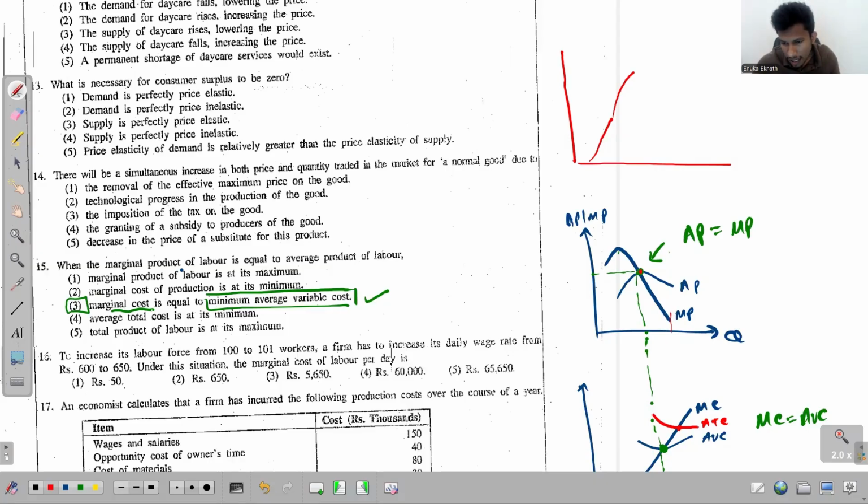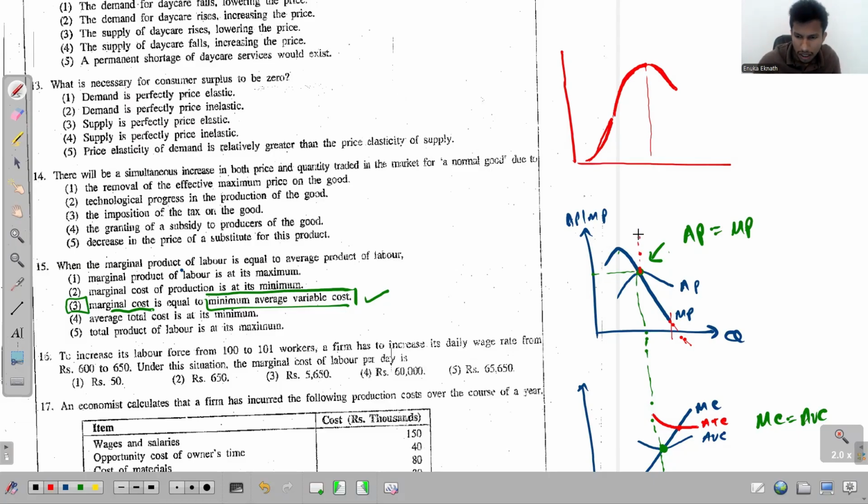When MP reaches 0, the TP curve reaches its maximum, and when MP takes negative values, the TP curve decreases. So this is the shape of the TP curve, right? This is increasing at an increasing rate, and this is increasing at a decreasing rate, reaches maximum and then declines.